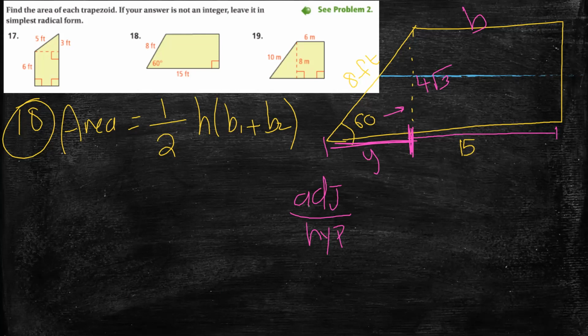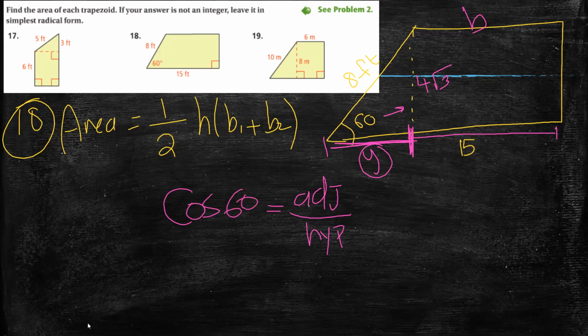Now adjacent, which is y, over the hypotenuse. Is it sine or cosine? It is cosine. Yes, adjacent over hypotenuse is a cosine. So cosine, the angle here is 60.